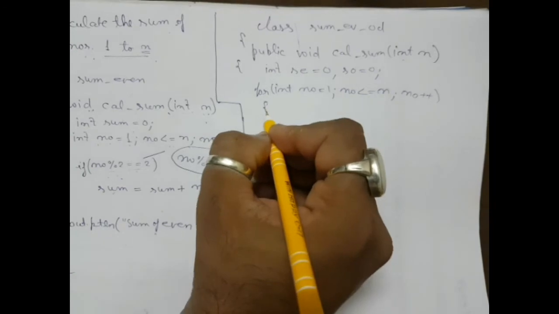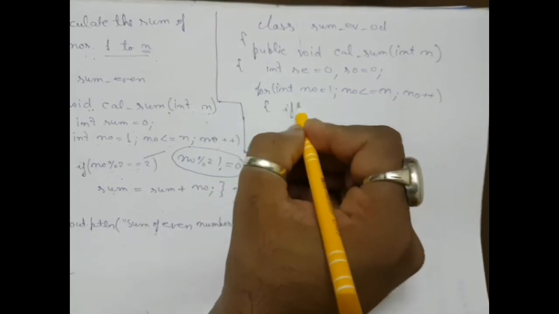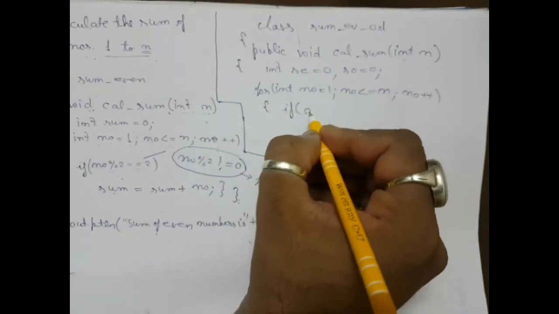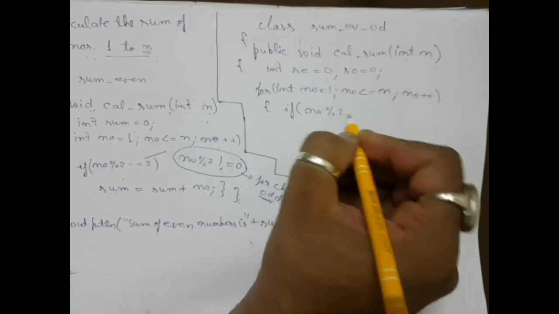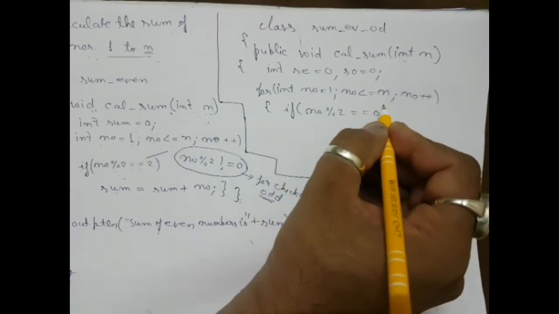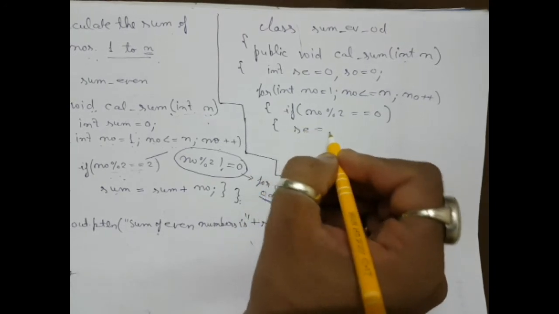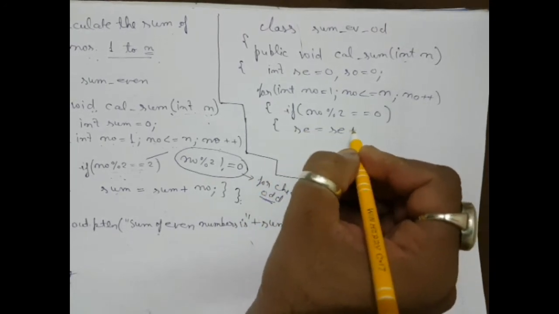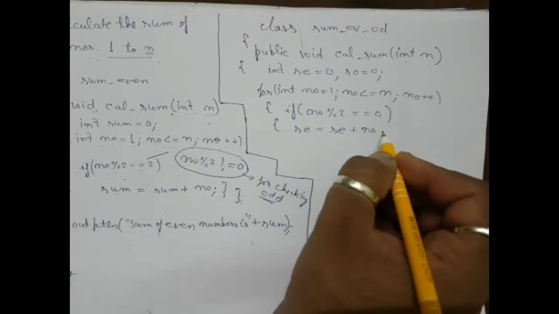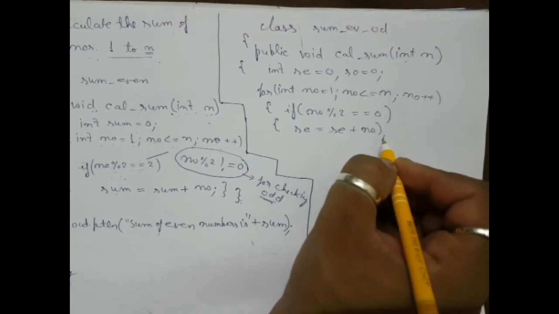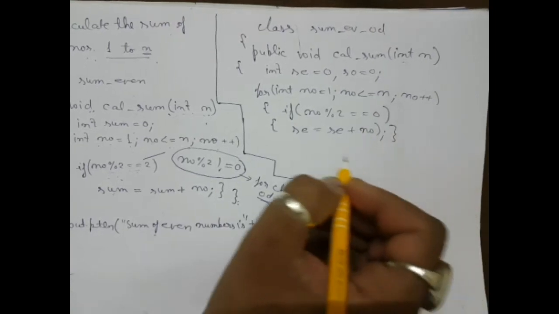Okay, now here I write if no is divisible by 2 equals 0, that means it is an even number, then SE will have the sum, so I write SE = SE + no. All right, I have closed this.